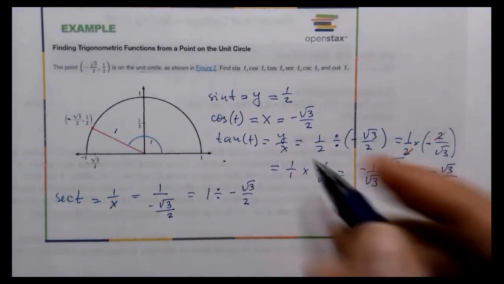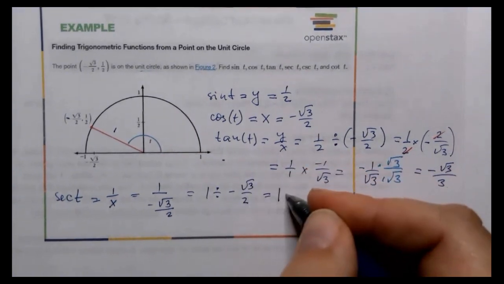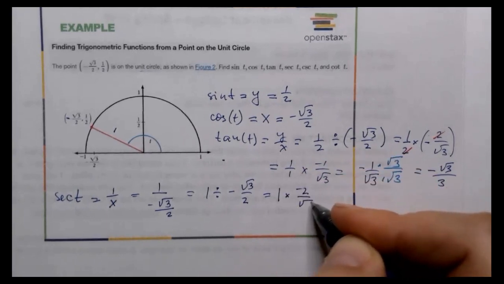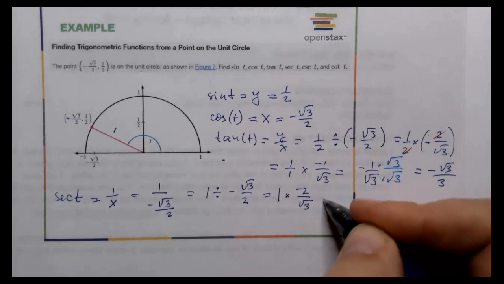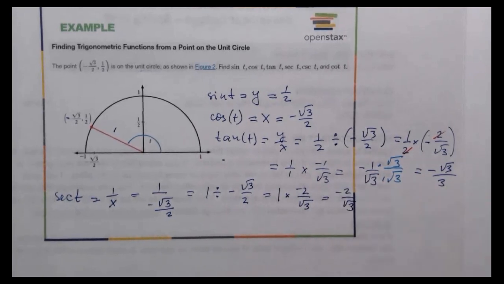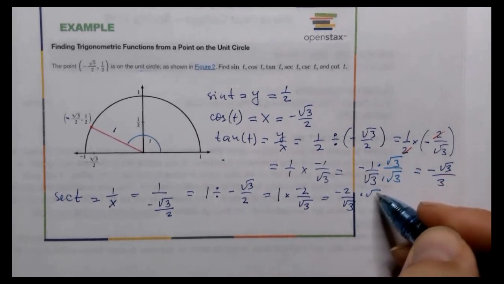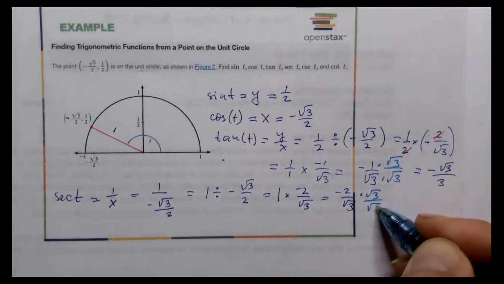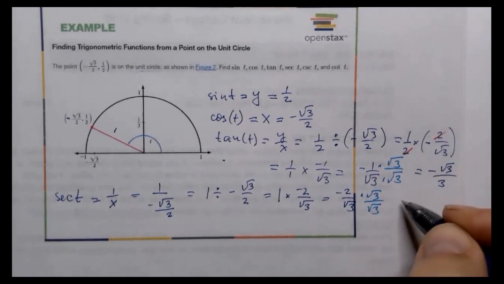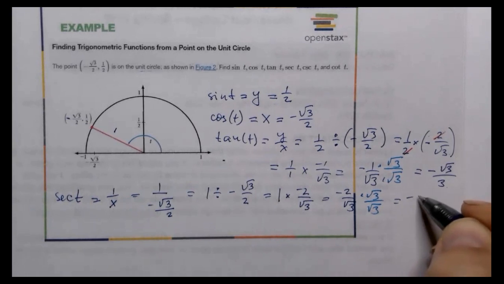And again, how do we divide? Turn it into multiplication, flip the fraction. So that's negative 2 over root of 3. In order to rationalize the denominator, multiply the top and the bottom by the root of 3, and we get negative 2 root of 3 divided by 3.